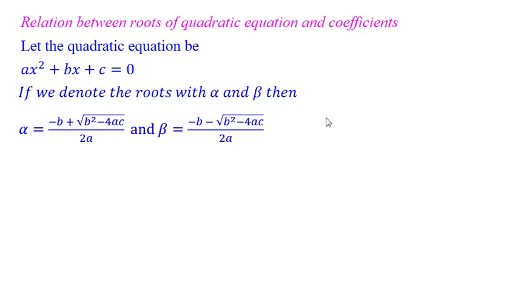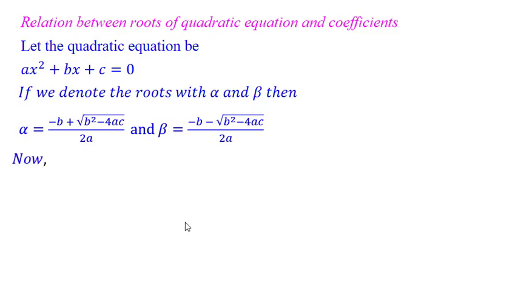So if alpha and beta are the two roots of quadratic equation ax square plus bx plus c equal to 0, then alpha is equals to minus b plus root b square minus 4ac upon 2a, and beta equal to minus b minus root b square minus 4ac upon 2a.